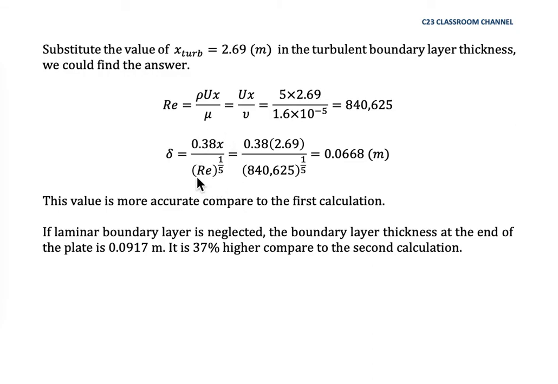This equation we take from the 1/7 power law, meaning we assume the velocity profile for the turbulent boundary layer is y over delta to the power 1/7. So we substitute all the values that we have, and we could say that delta is 0.0668 meter. So what does it mean?